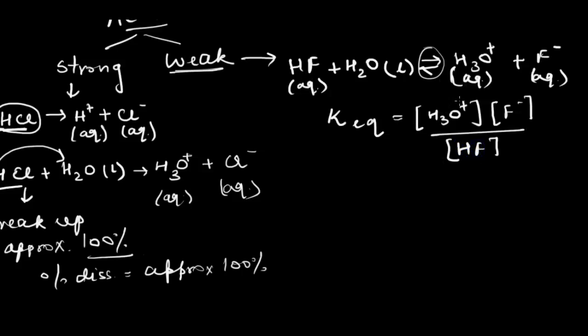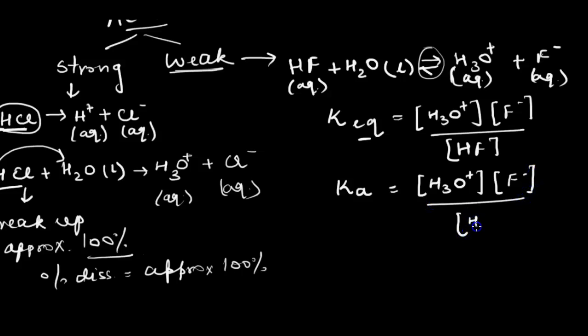Now, because this is the equation for dissociation of an acid, therefore the subscript EQ can be replaced with A. So Ka specifically means that an acid has been dissociated into its ions, where one of the ions is hydronium ions. Therefore, Ka would be equal to hydronium ion concentration times fluoride ion concentration divided by hydrogen fluoride concentration.